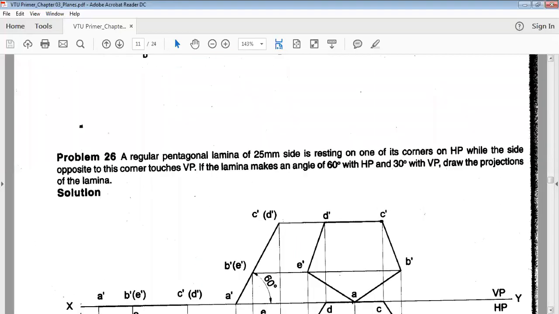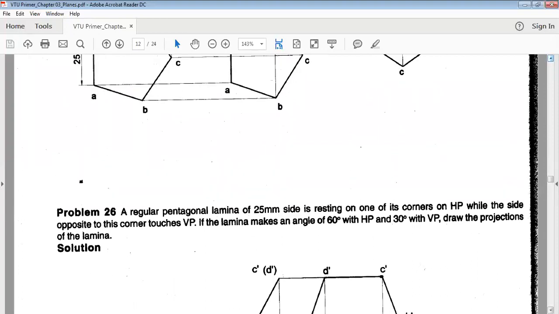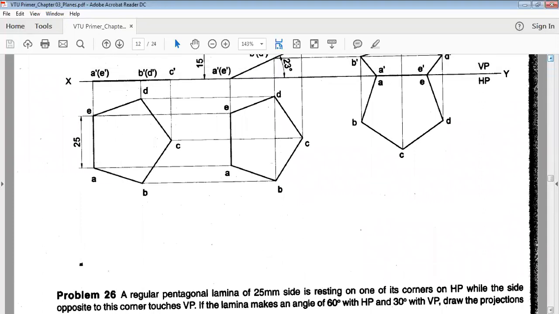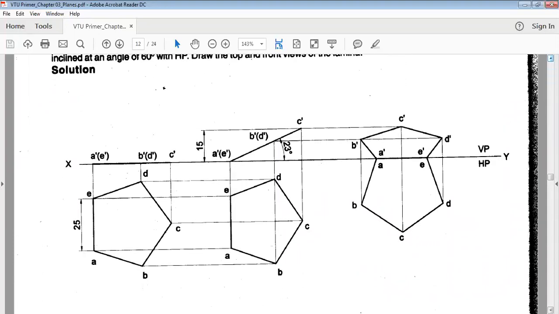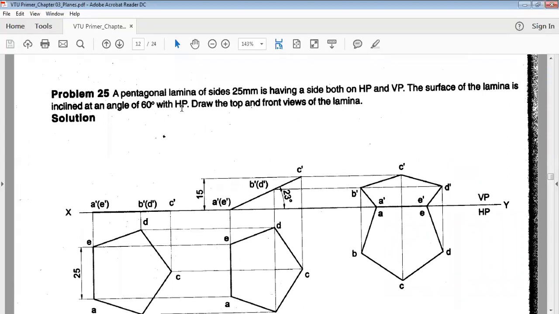So similarly, there is some problem given. We'll just see problem number 25. A pentagonal lamina of sides 25 mm is having a side both on HP and VP.